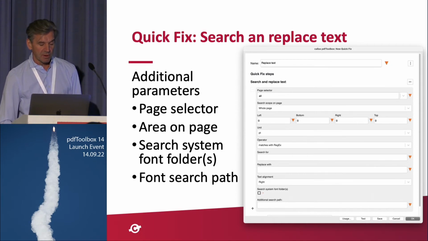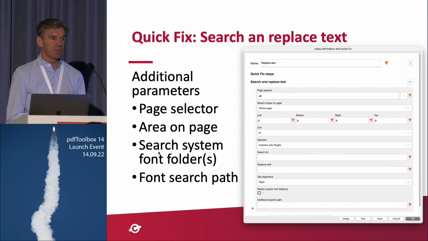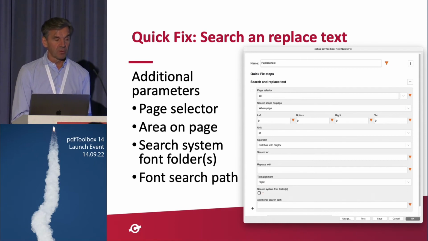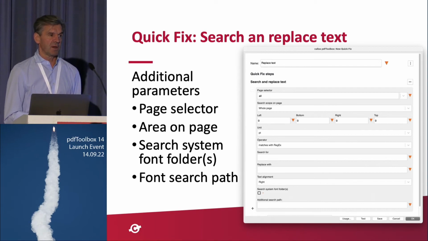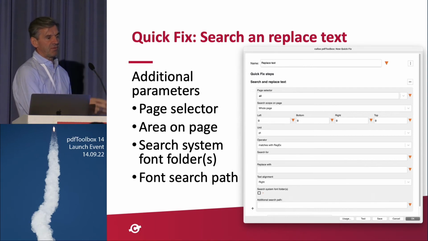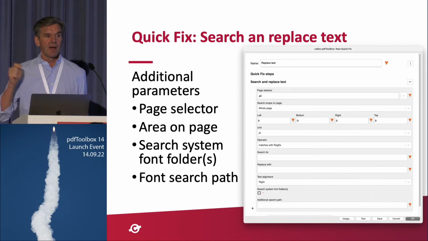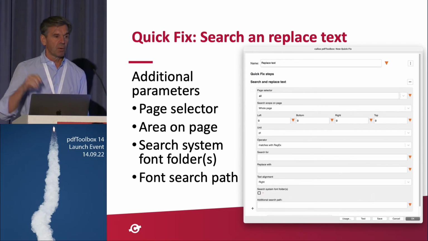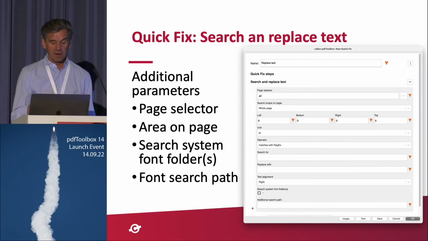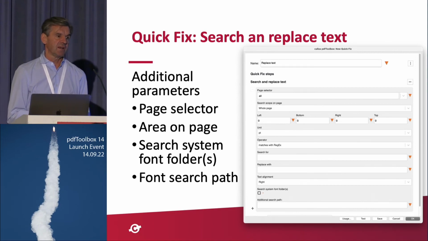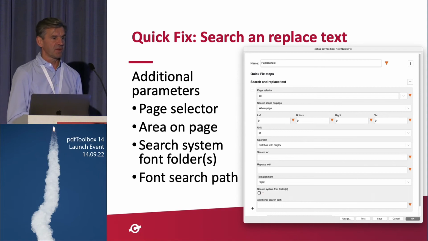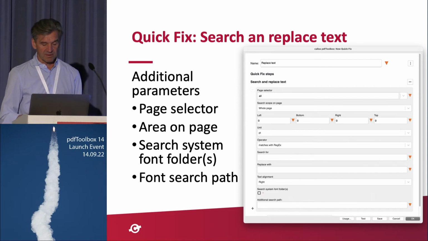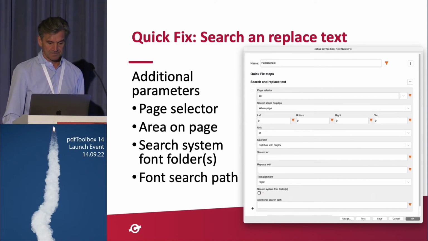And more importantly, you can specify whether you want to search system folders or whether you want to use a font search path. So if you say, okay, for this kind of PDF file, I have a customer folder where the customer fonts are, then you could use that as a search path. And then, of course, for the next job, you can use variables, and then you use a different path for the other customer.